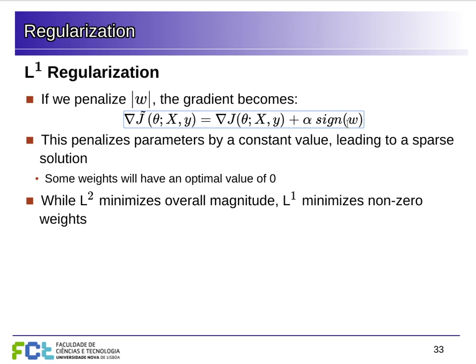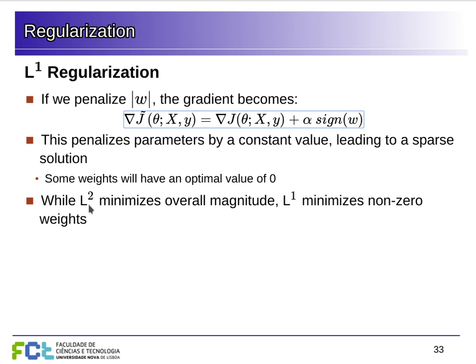We'll have a value of 0, because if they are not important for the task that you have your network trying to solve, then they will tend to be shrunk all the way down to zero. So basically, L2 regularization tries to minimize the overall size of your parameter vector. L1 tries to minimize the number of non-zero parameters that you have.